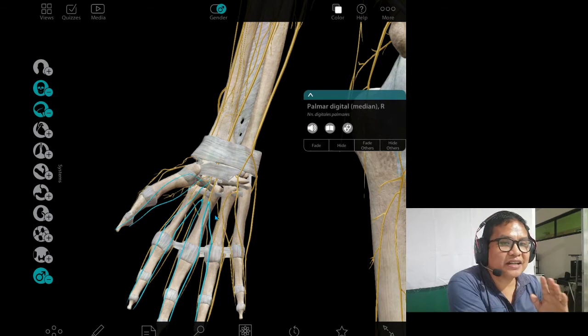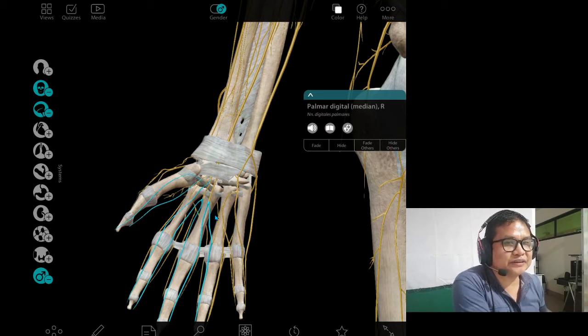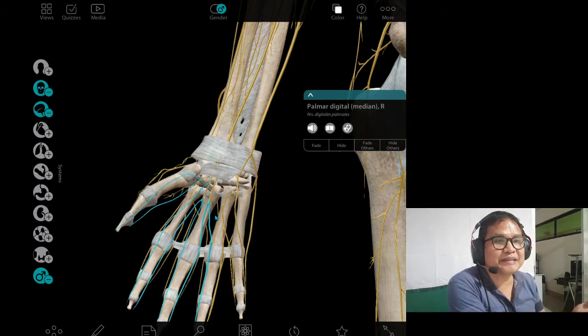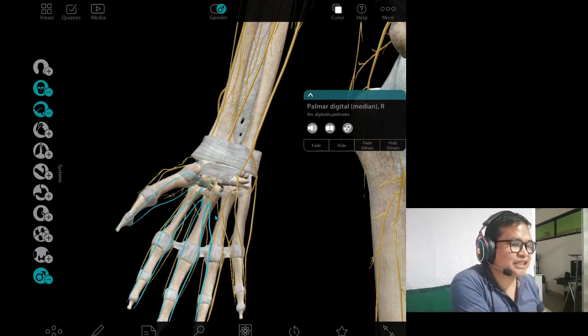We call that carpal tunnel syndrome. It is very common among pregnant women. Of course, there are other conditions that might result in that, but it is common in pregnant women, again because of the hormonal changes that happen in women, especially during the second and third trimester of pregnancy.